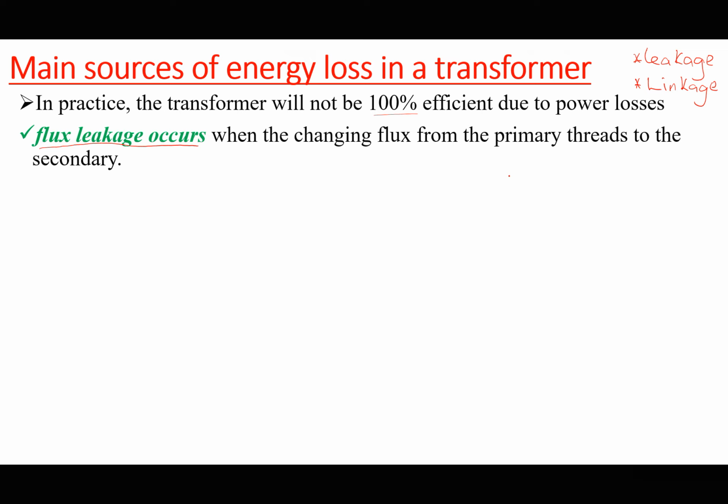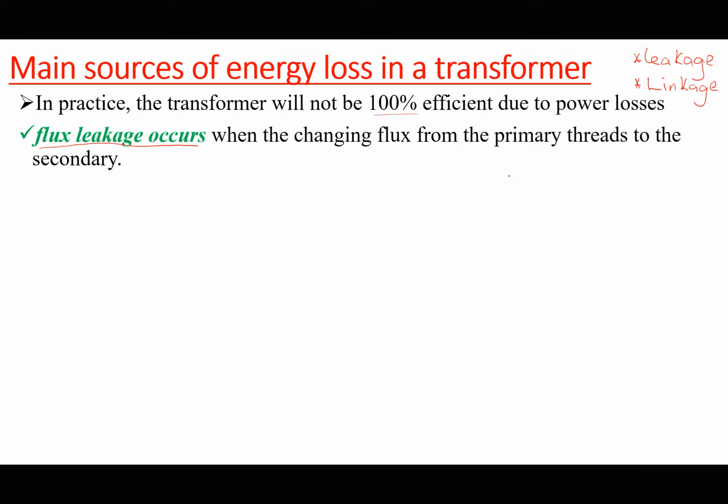This leakage therefore means that there is loss of magnetic flux between the primary and the secondary coil as it flows back and forth. Part of it spreads to the surrounding rather than through the core.